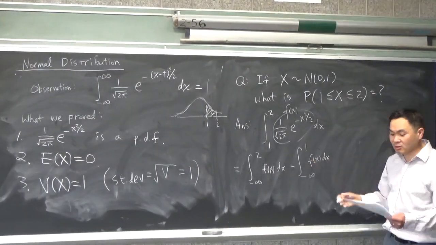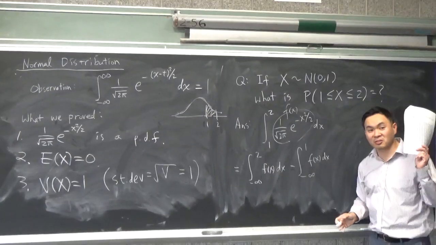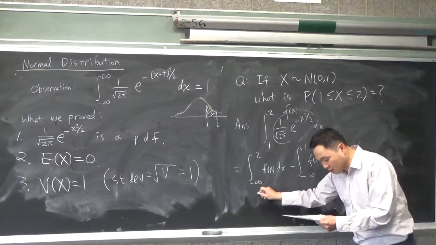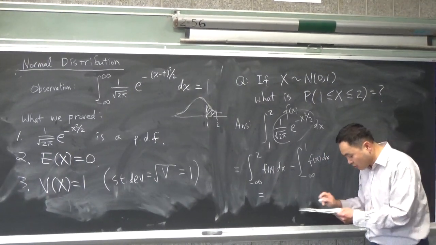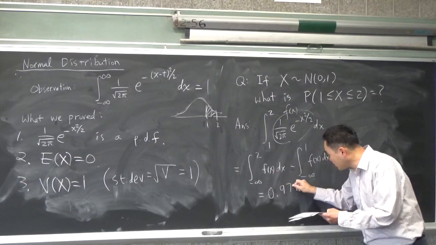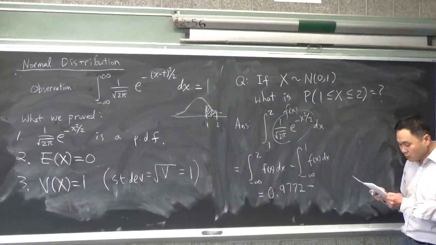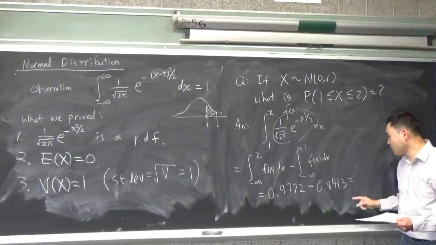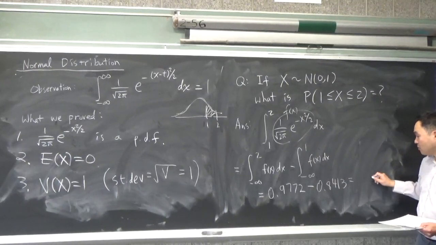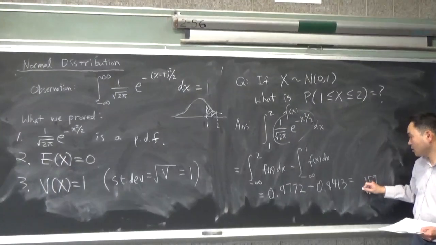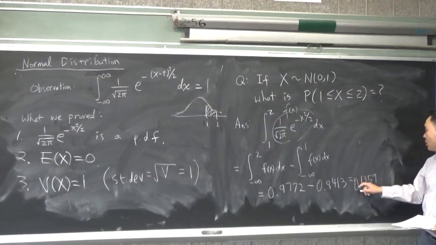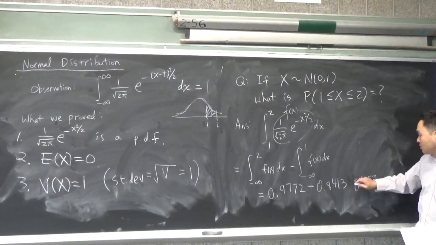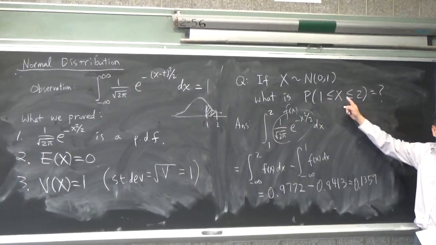And then, once you have this, you look at a chart. I tried to print this out, but my printer failed. Sorry. But let me just write down this value from the chart. If I look at 2.0, it gives you 0.9772 minus 0.8413, which is 0.1359, which means about 13.6% of the random values will fall between 1 and 2.